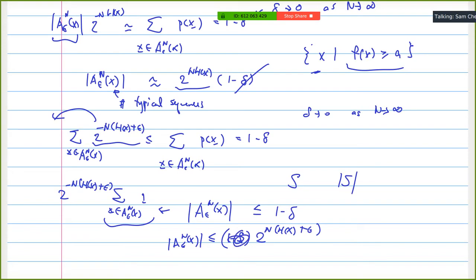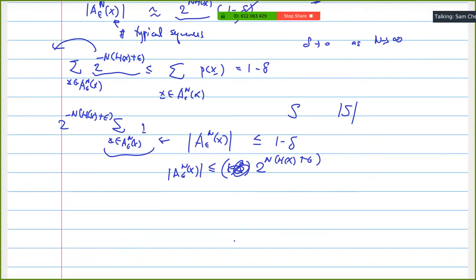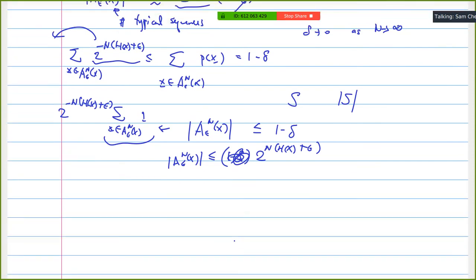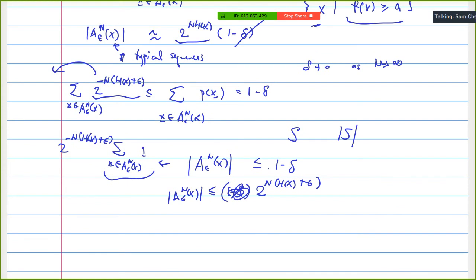Typically we don't even need that. If we like to keep it, it's okay, but we actually only need it for the other inequality. Why I'm saying I don't need to keep it is because this is less than or equal to 2 to the n(H(X) plus epsilon), and delta is positive, so 1 minus delta is less than 1. I just want to follow what I have in the notes here.